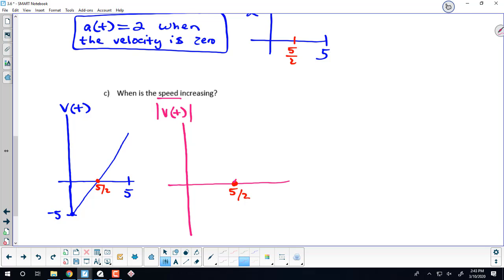This piece is still positive. The negative piece is reflected up. So there's our speed. When is it increasing?